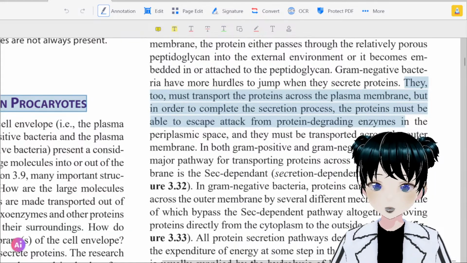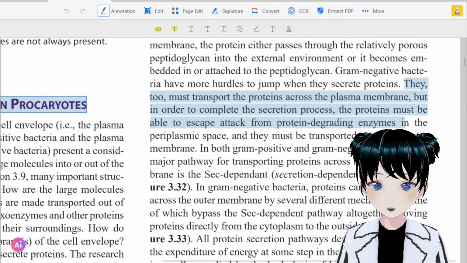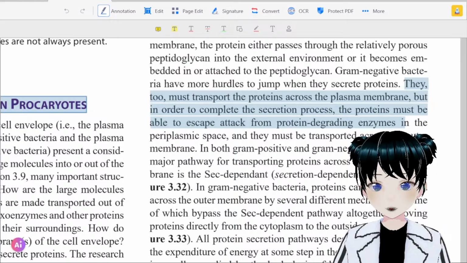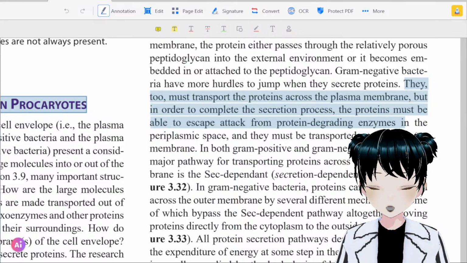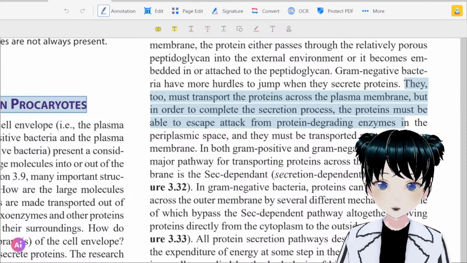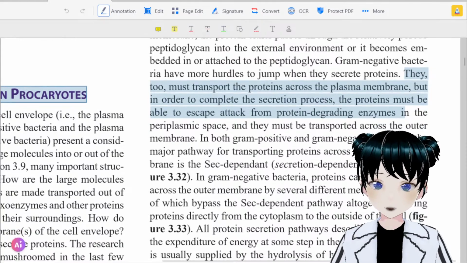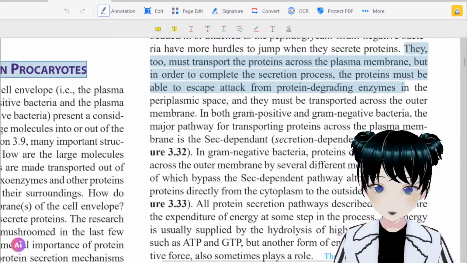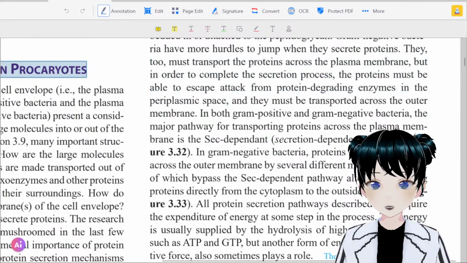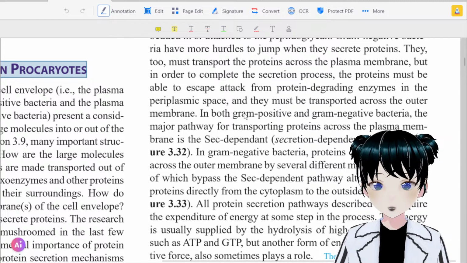These kinds of enzymes are dangerous specifically for the pre-proteins, the immature proteins that haven't even been folded, that are not resistant to the enzymes. So they must be transported across the outer membrane in a protective way.